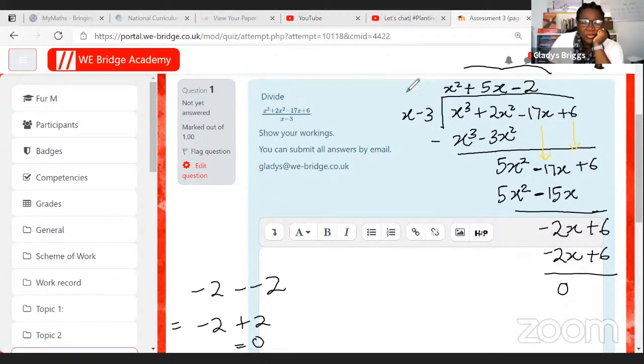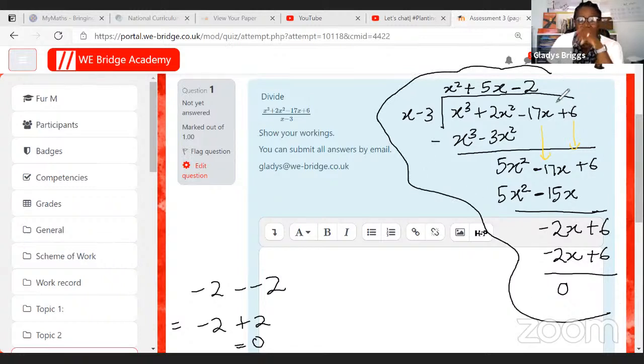Once you get to the place where you have 0, then you have finished the division problem. Now your answer is going to be x squared plus 5x minus 2. Okay? That's it. Done.